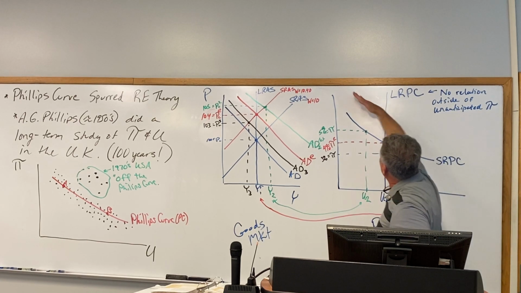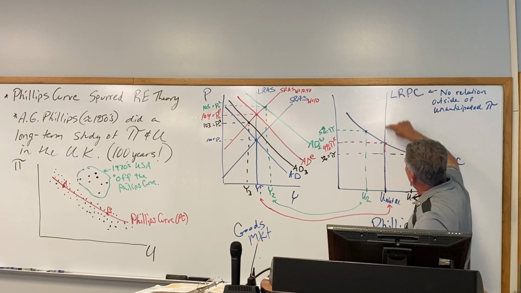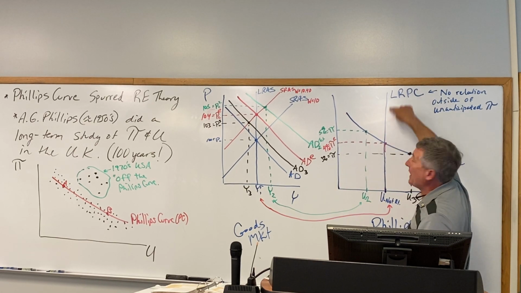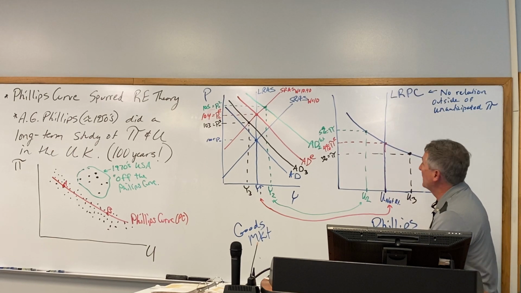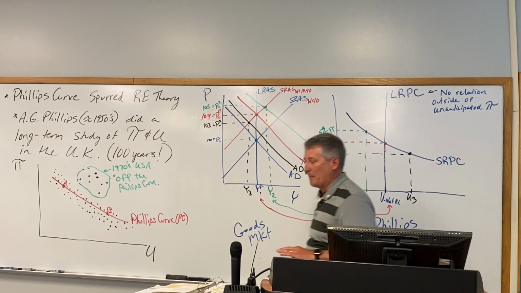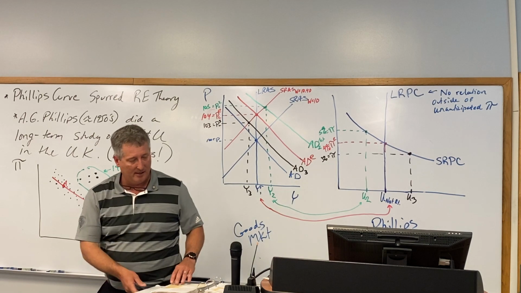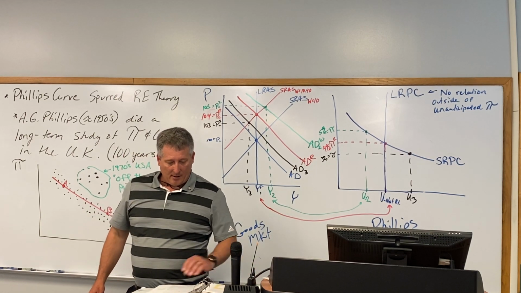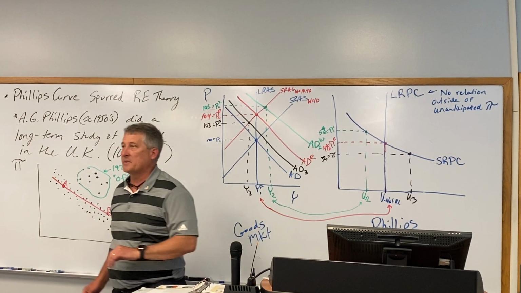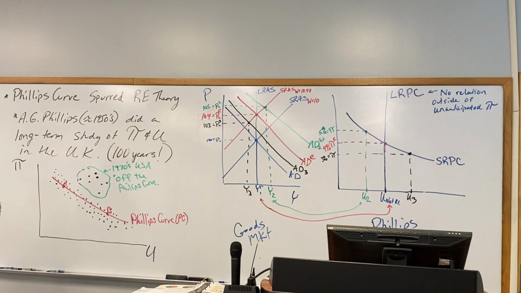And so the intersection of the long run and short run Phillips curve is always anchored at our expected level of inflation. I think that helps there. Okay, questions or comments?